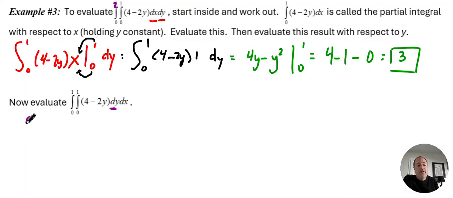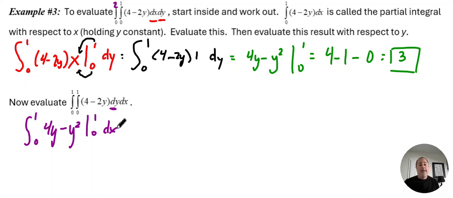So we're going to integrate this from 0 to 1, and then we're going to see that now, since it's in terms of y, we're going to integrate 4 as 4y, and then we're going to integrate negative 2y as negative y squared, and we're going to evaluate that from 0 to 1, and then have our dx on the outside. Just like before, we're now going to plug into our y.